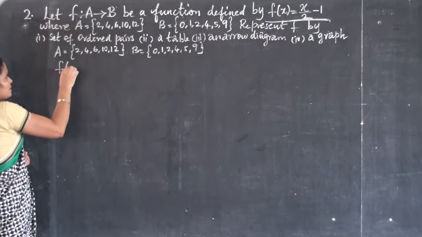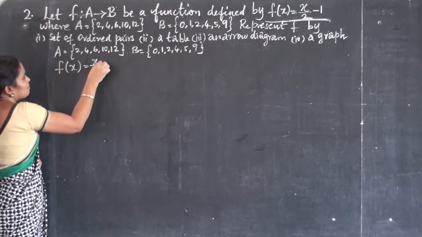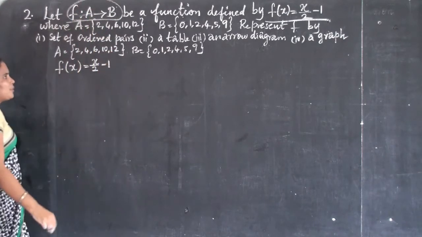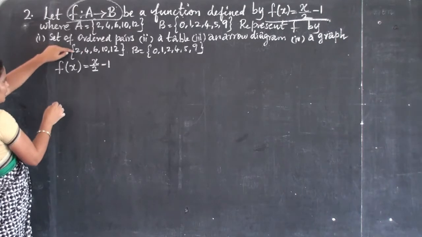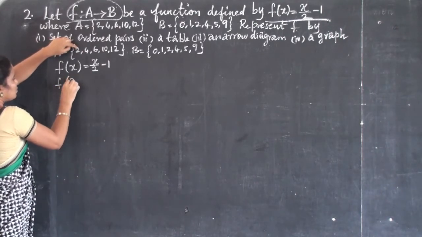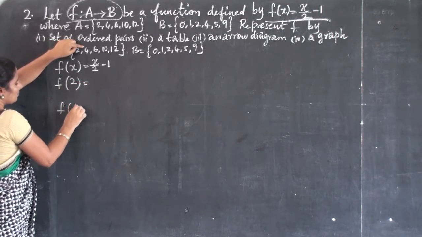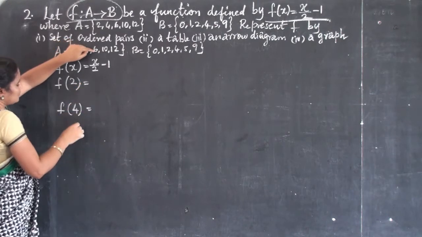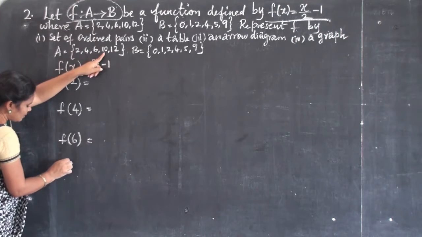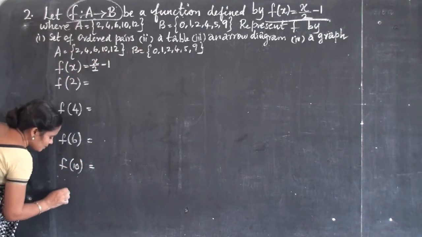Here it is given that f is from A to B. Taking all the elements of A, solve this. So f of 2, then f of 4, then f of 6, f of 10 and then f of 12.